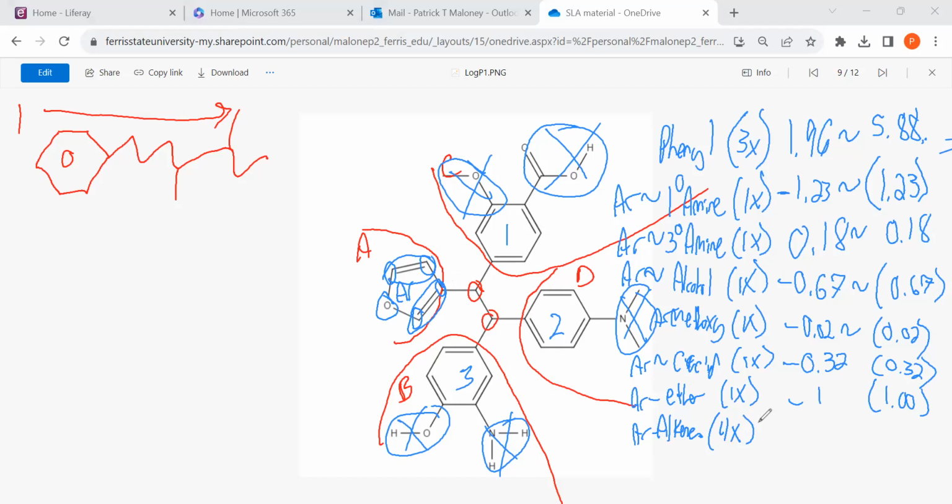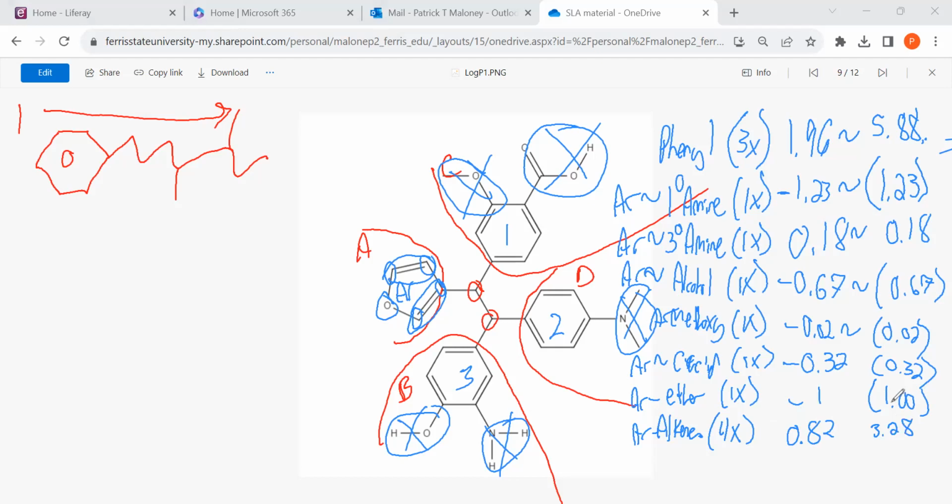And as an individual, it's 0.82. So altogether, we're going to have 3.28, if my math is correct, which I think it is.